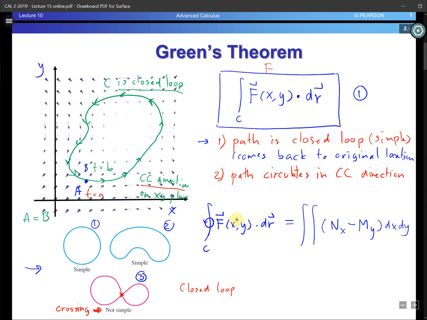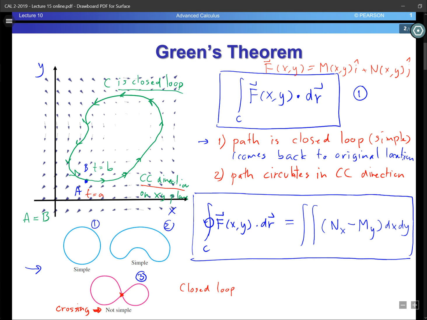F(x,y) equal to m(x,y) i plus n(x,y) j. So instead of having to perform the line integral, now you just have to perform the double integral, which you have done before. And I don't know about you, but to me double integral is easier to do than the line integrals. So we have this formula.